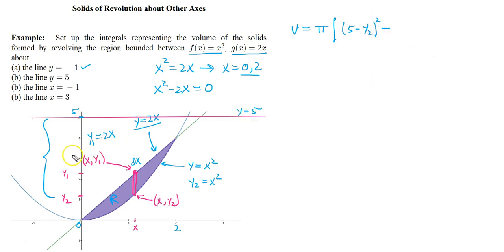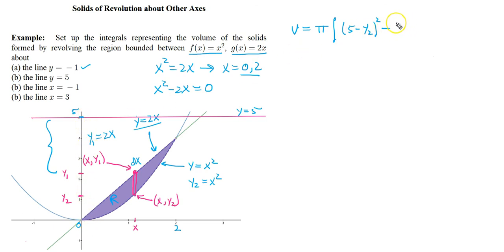Now our inner radius is going to be this distance, from here to here. You can see that that is going to be 5 minus y1, right? The distance from here to here is y1, and the distance from here to here is 5.